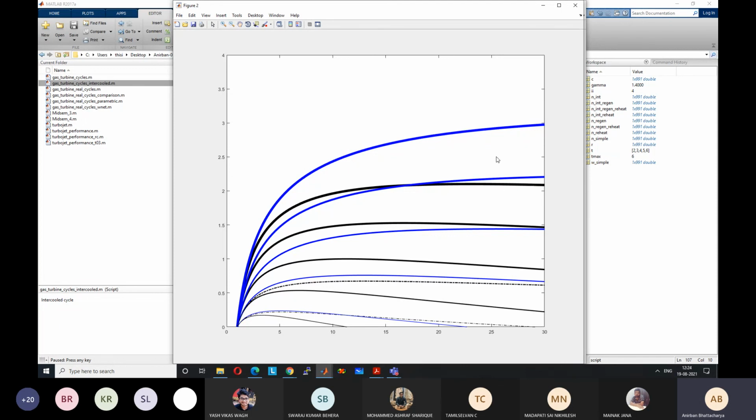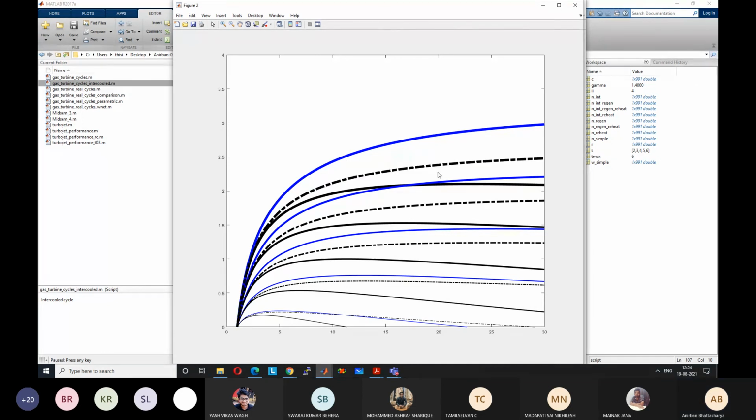These are the intercooled cycle. And there is an anomaly here at the low temperature ratio, but only for a small region. For all the other cases, you can see that the intercooled cycle efficiency is larger than the simple Brayton cycle efficiency.